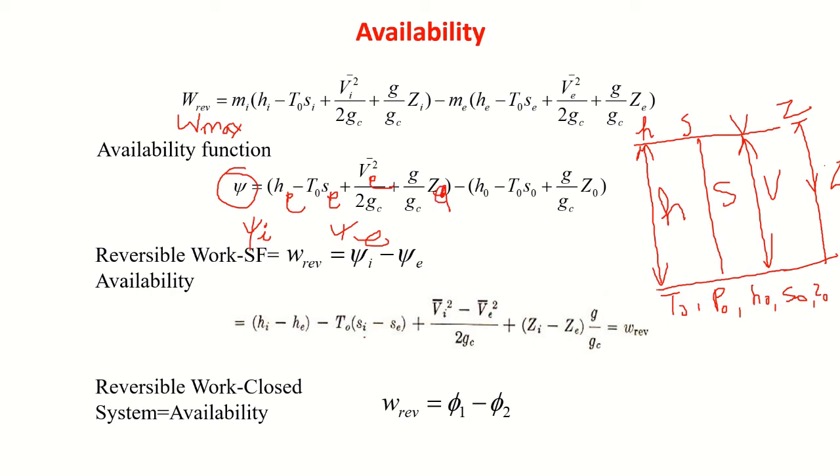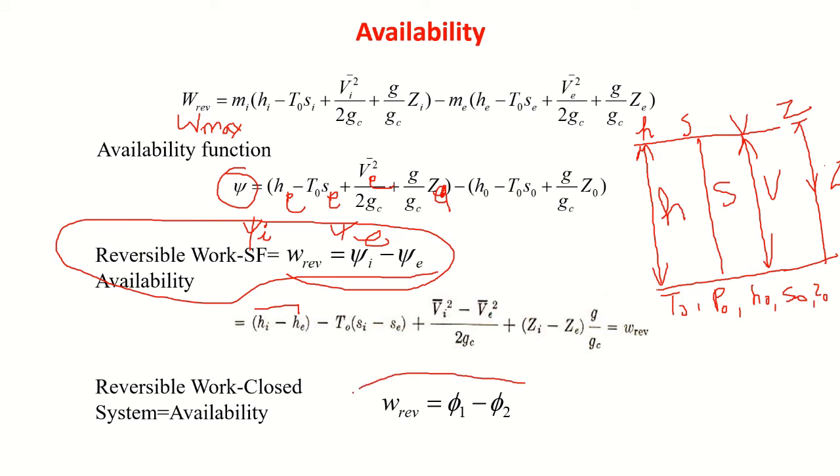Okay. Finally, we can write HI minus HE, subtracting one from the other, minus T naught (SI minus SE), plus (VI square minus VE square) by 2 gc, plus g by gc (ZI minus ZE) is equal to W reversible. So you can say this is what the availability.